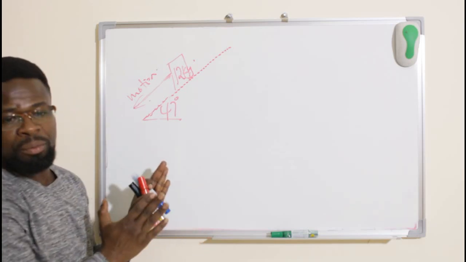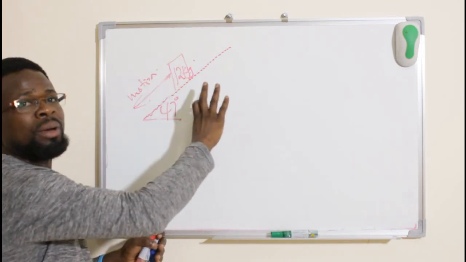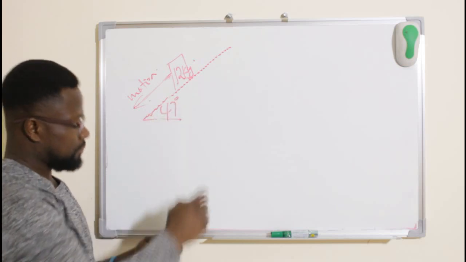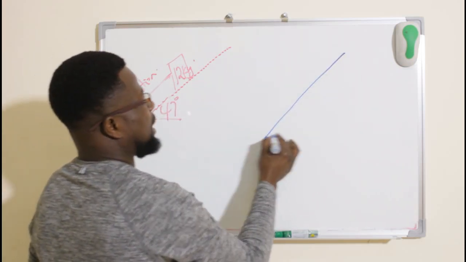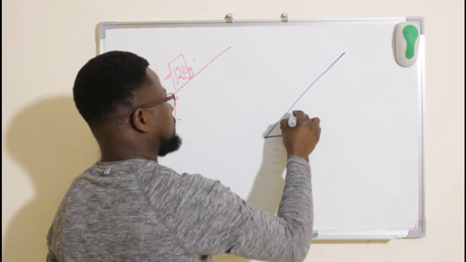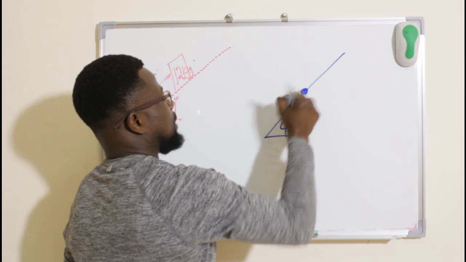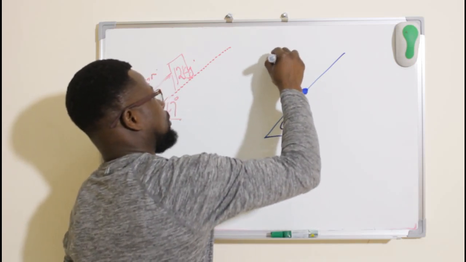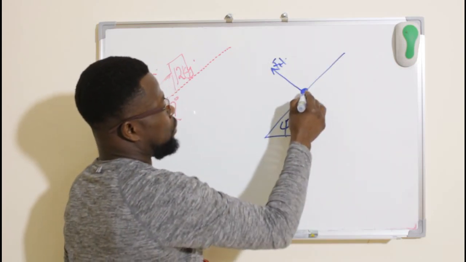Alright, so now I'm going to draw the free body diagram. What I have now is just the pictorial view of the question. To draw the free body diagram, I'm going to have my incline, which is 47 degrees, then the object, which is here. Remember, the object has its normal, and the normal is perpendicular to the plane. And there is a weight.